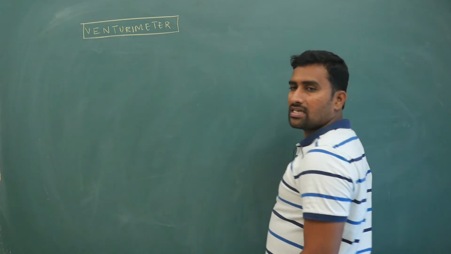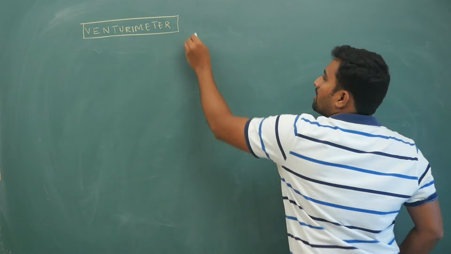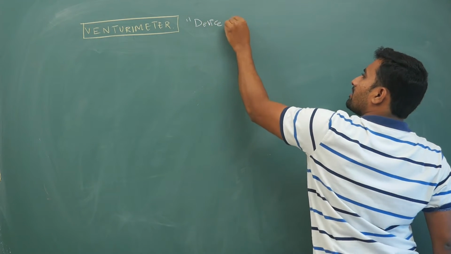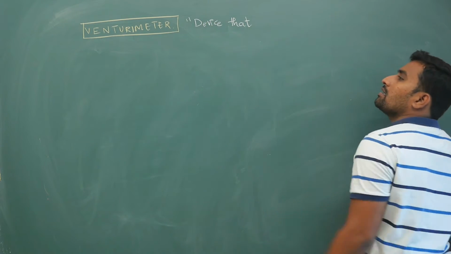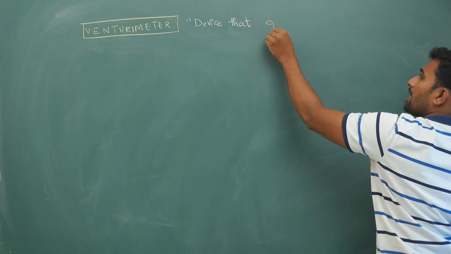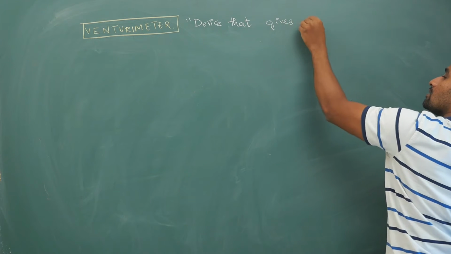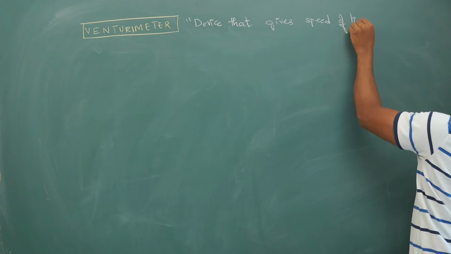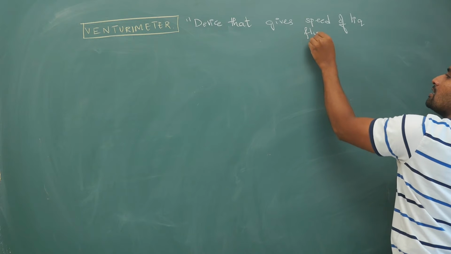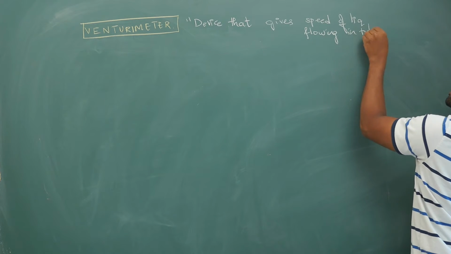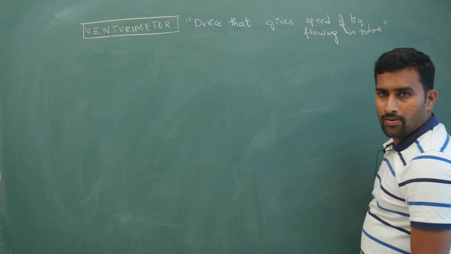It is a device that gives the speed of liquid flowing in a tube.